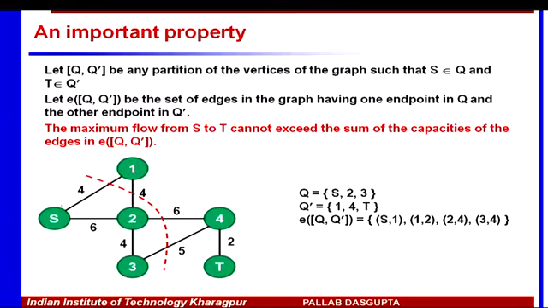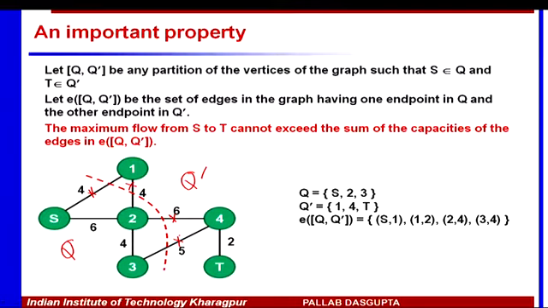So, the vertices on this side is Q, the vertices on this side is Q dash, and these are the edges like this one, this one, this one and this one are the edges which constitute what is called a cut. A cut which separates Q from Q dash.